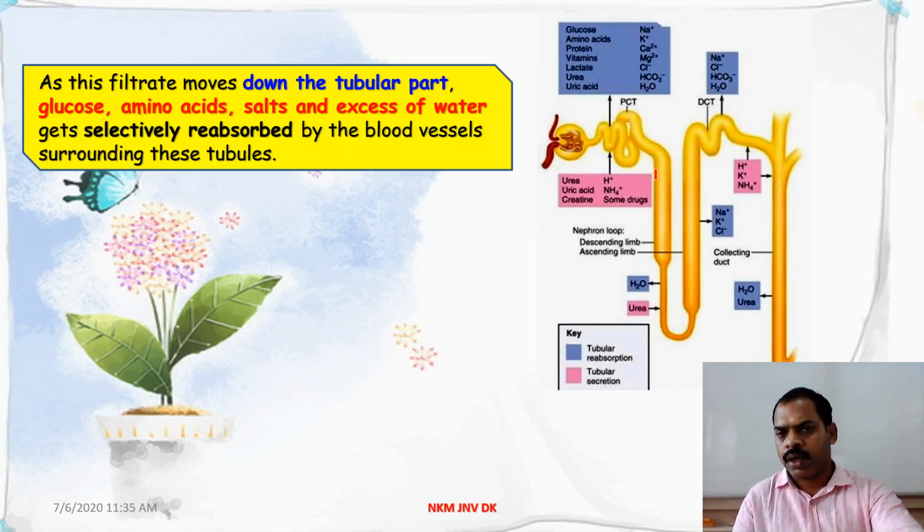But urea, excess salt, drugs as I told you, water, these types of materials will continue their journey and ultimately lead into the collecting duct. So there is a role of blood vessels to reabsorb the nutrients required for our body from the tubules.